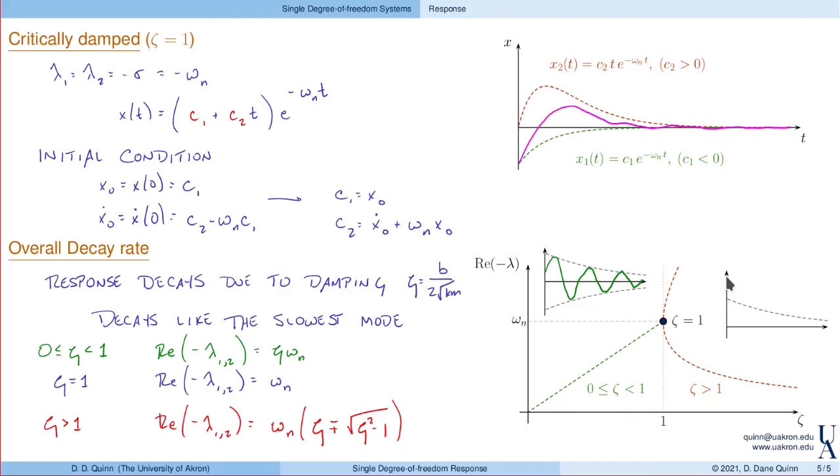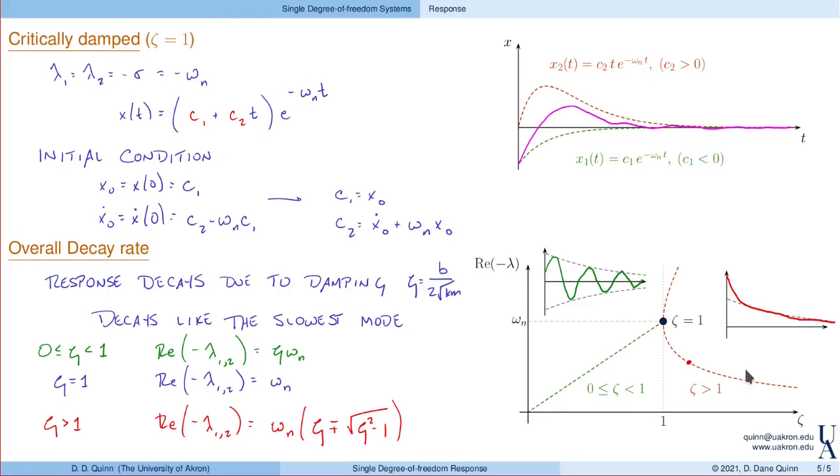So if I look at the overall response here, I have this slowest decaying mode, which is given, say, here. And I also have a fast decaying mode. But as time goes by, the fast decaying mode decays, well, fast, leaving only the slowest decaying mode.